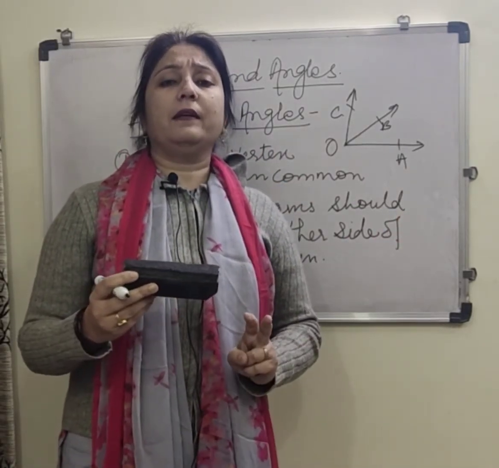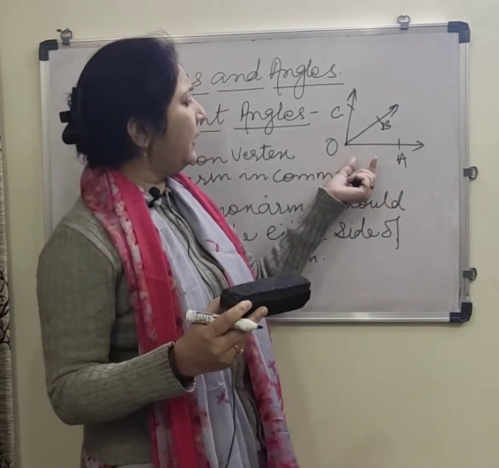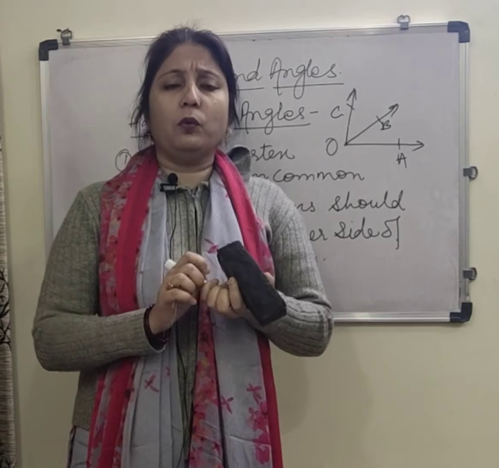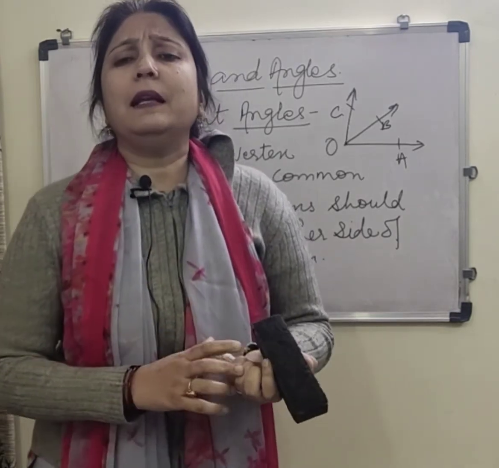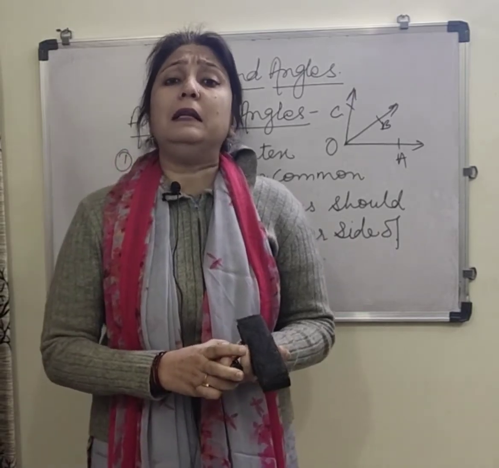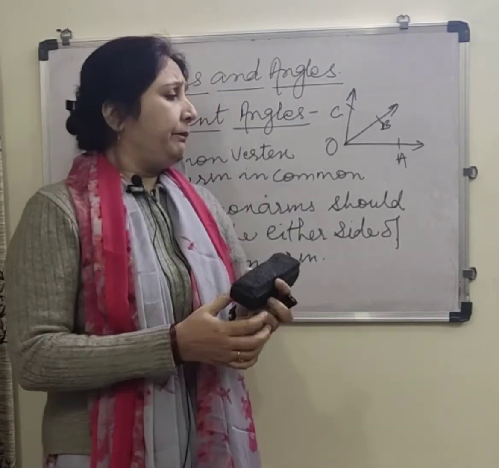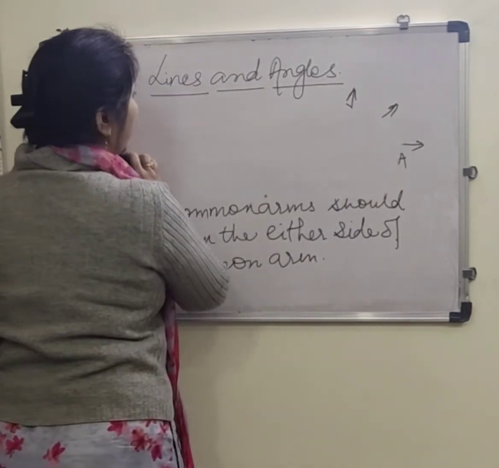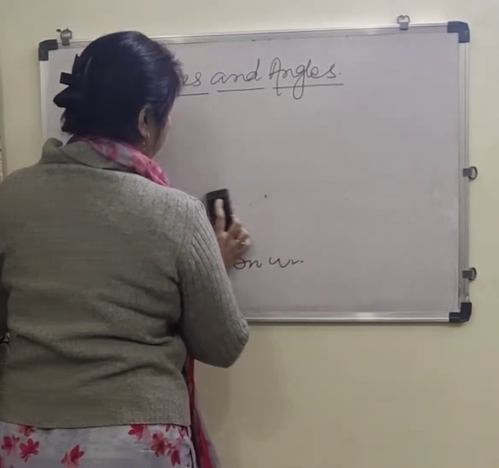In adjacent angles, it's not only that the two angles have to be acute or obtuse, nothing like that. We can have a straight line where we obtain a linear pair. I'll show you. In adjacent angles we also get a linear pair.